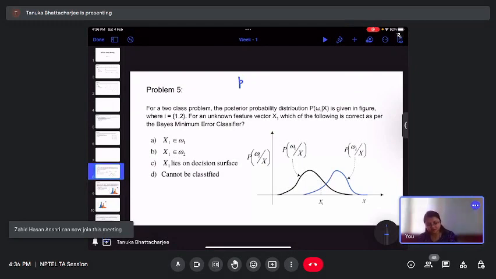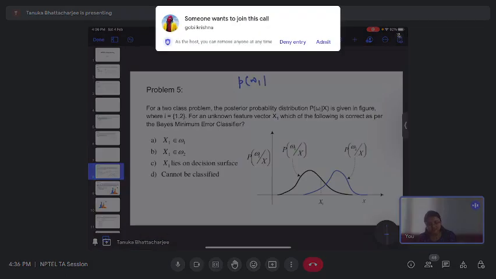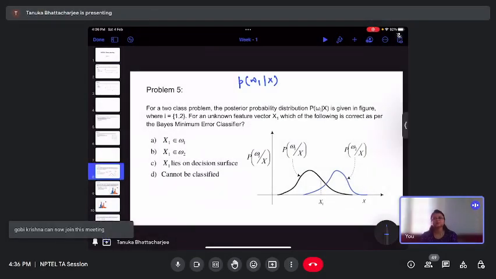Let's say you have a feature vector x and you have two classes omega 1 and omega 2. In that case, P of omega 1 given x gives you the a posteriori probability of the class omega 1 given the feature vector x.